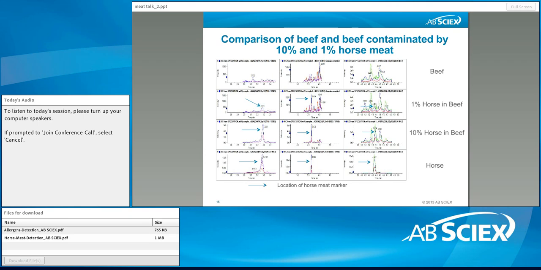The current methodology by ELISA and PCR is normally detection down between 1 and 5%. So my goal in developing the method here was to get down to those levels with multiple markers, not a single marker. And what you can see here from real extractions of this horse meat sample is that we could see down to and pick up 3 peptide markers down to 1% horse meat in beef.